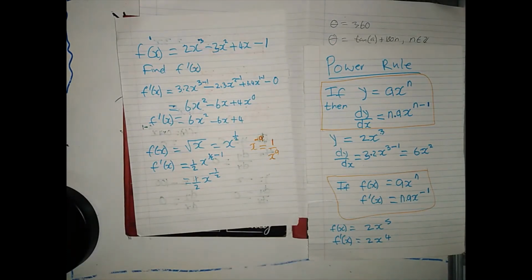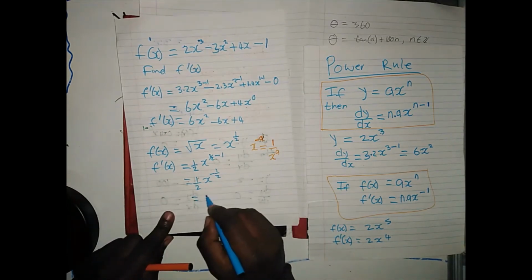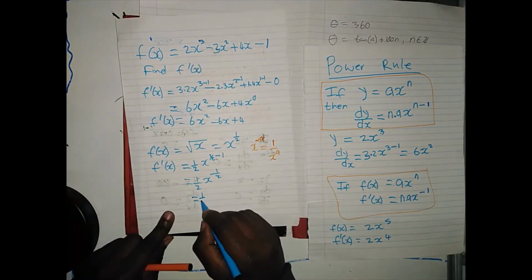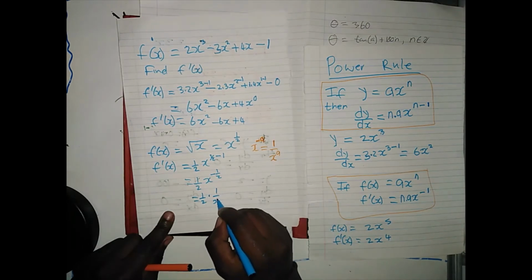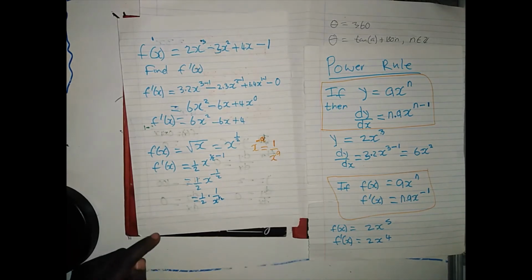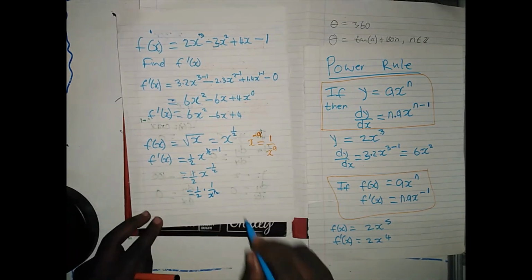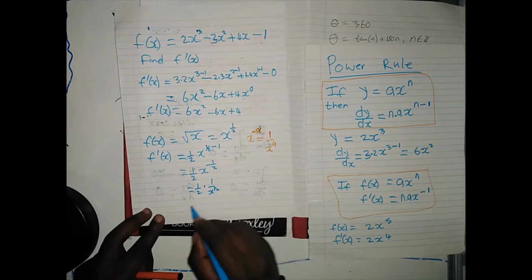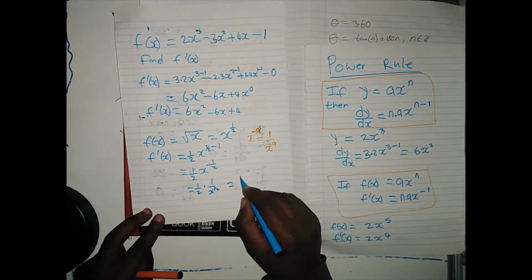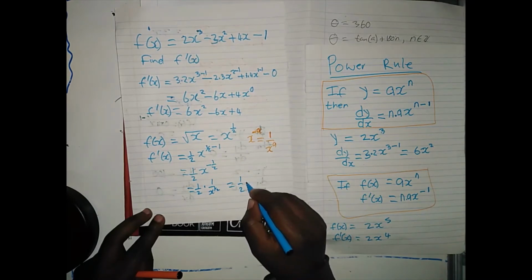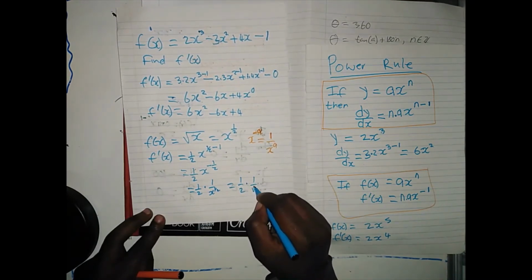So we'll also do exactly the same thing here. This is the same as 1 over 2 times 1 over x to the power 1 over 2. Now what is x to the power 1 over 2? This is the same as root x, so this is 1 over 2 times 1 over root x.